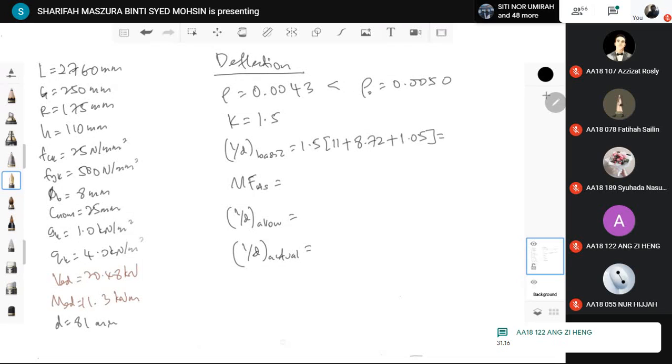That's 51.16. So As provided divided by As required.